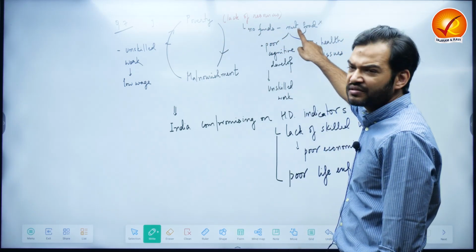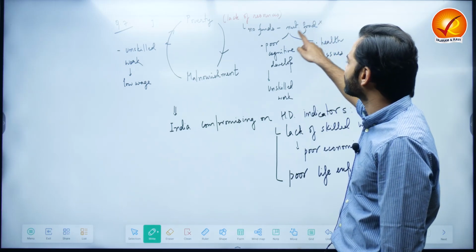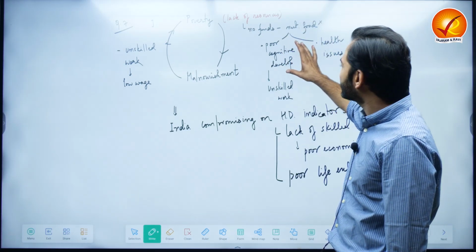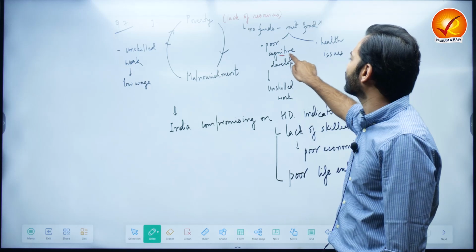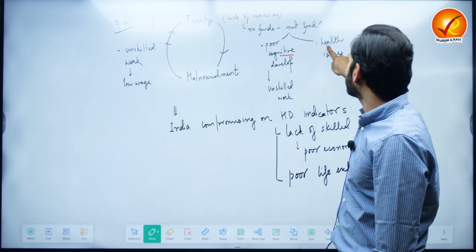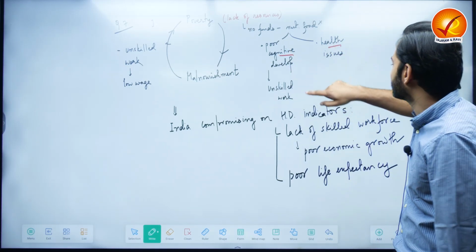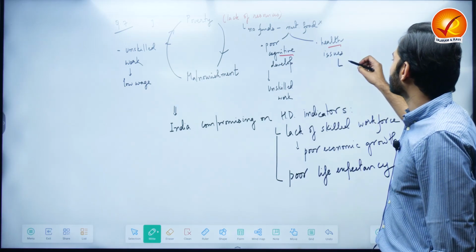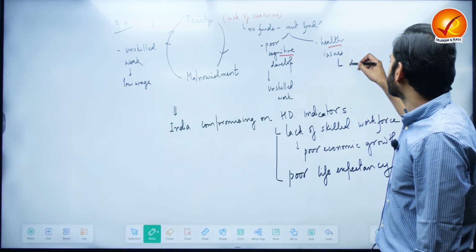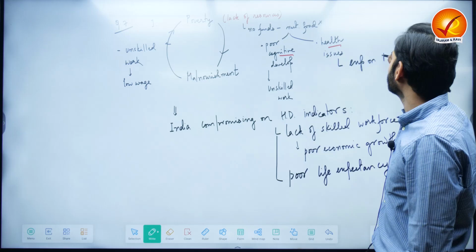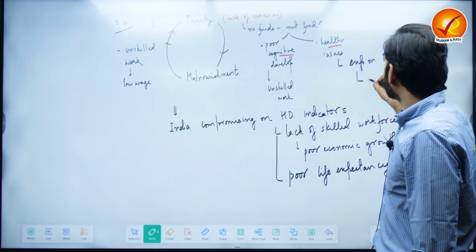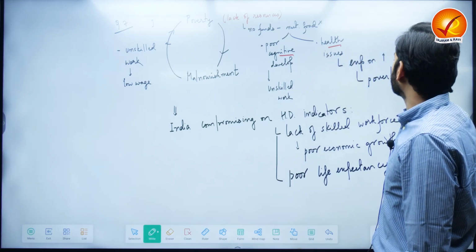No resources means they cannot provide nutritious food to the children. If children do not get nutritious food, they will not have cognitive skills and they will always suffer from health issues. If they suffer from health issues, again, their expenses on healthcare will also increase, shifting the household into poverty again.